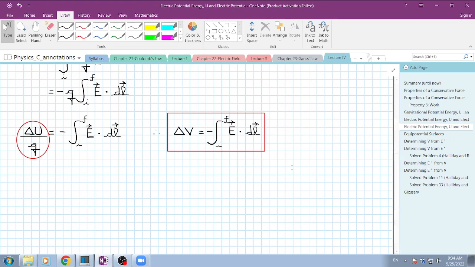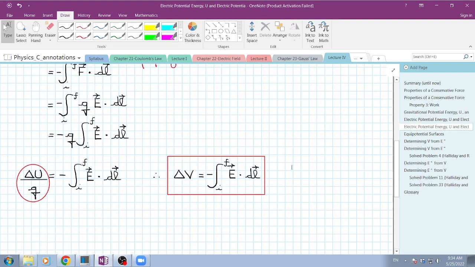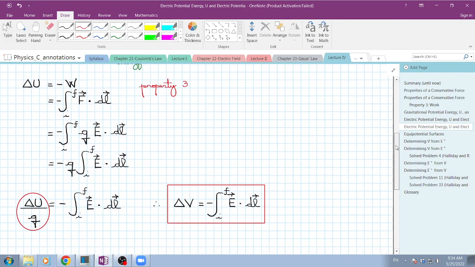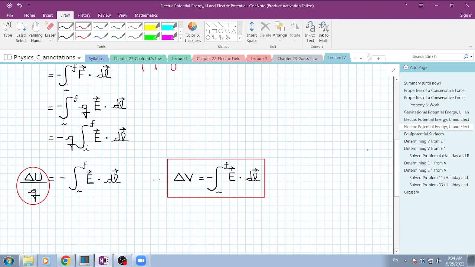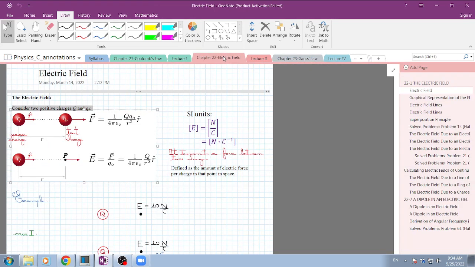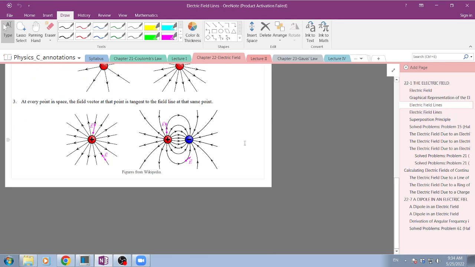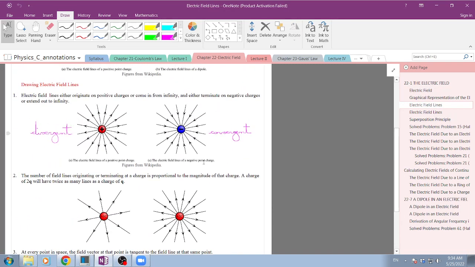Okay, the first thing I would like to do is solve some problems using this new concept, potential difference, or potential. It's the same way, guys. Remember, let's go back here. The electric field has a very powerful way of being represented graphically.